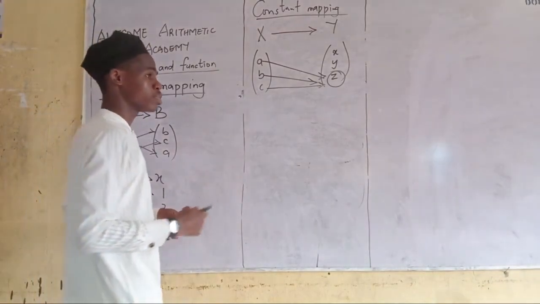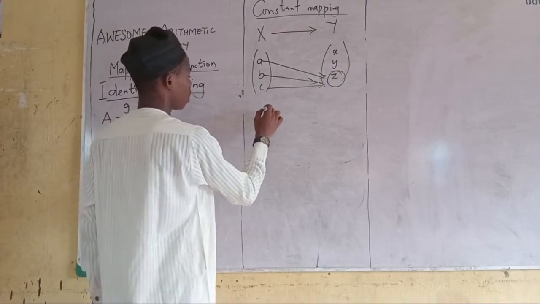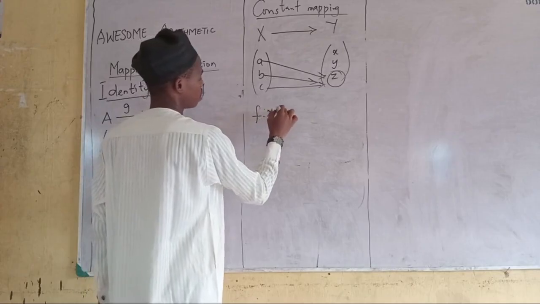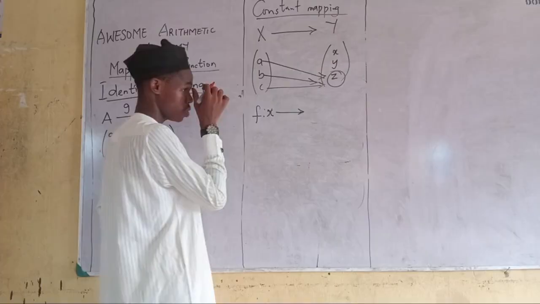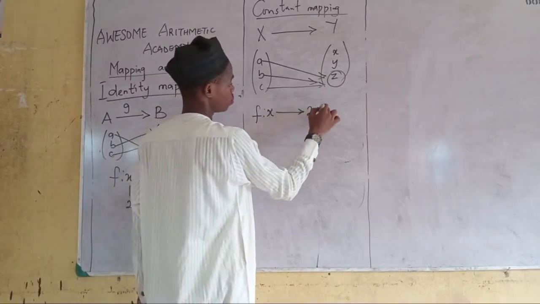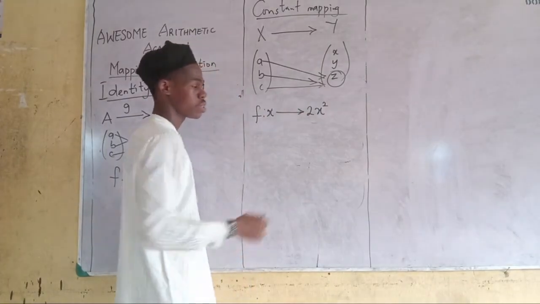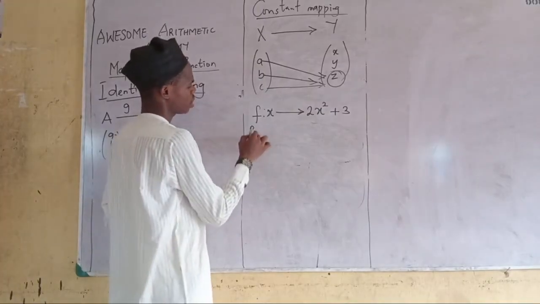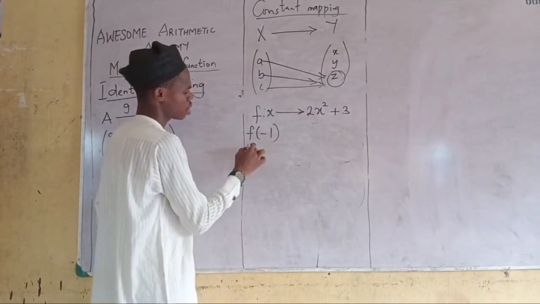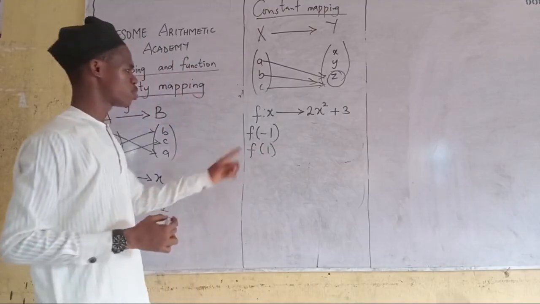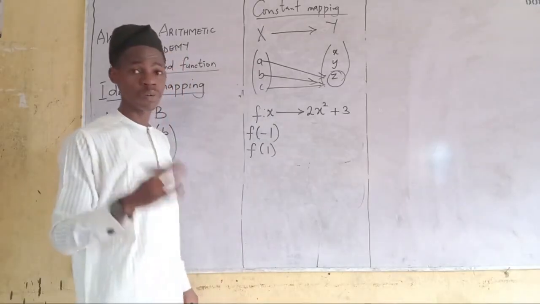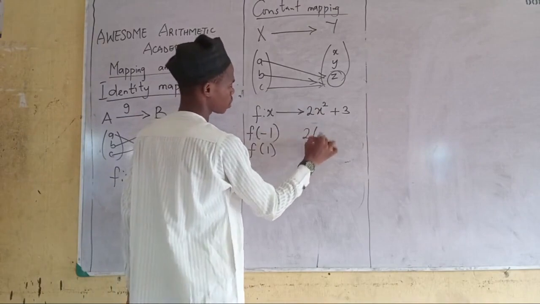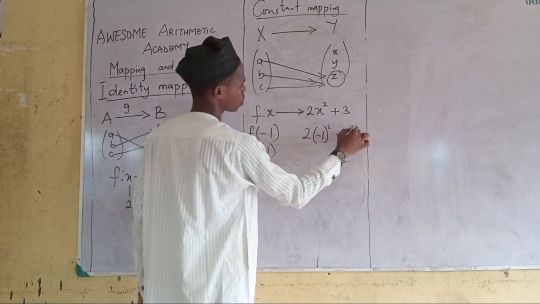A little example is, if I have f of x equals, let's say, 2x squared plus 3, and we are asked to find f of minus 1 and f of 1. We put minus 1 and 1 for x here. If I put minus 1, that will be 2 brackets minus 1 squared plus 3.